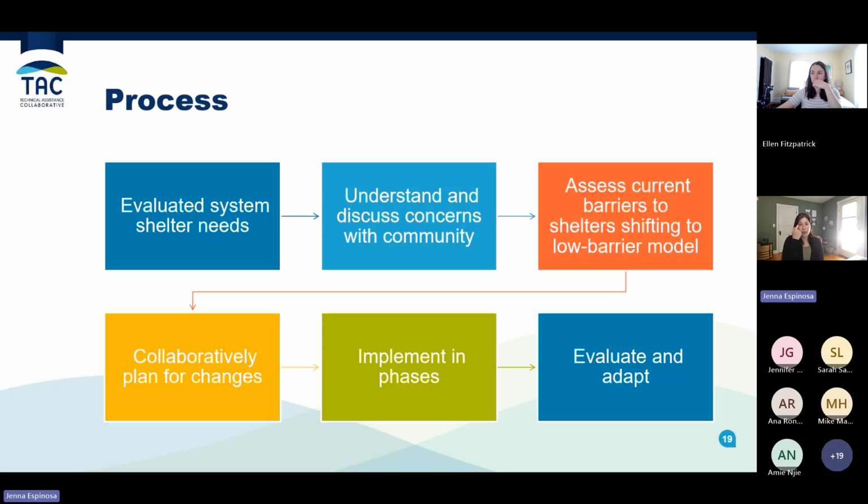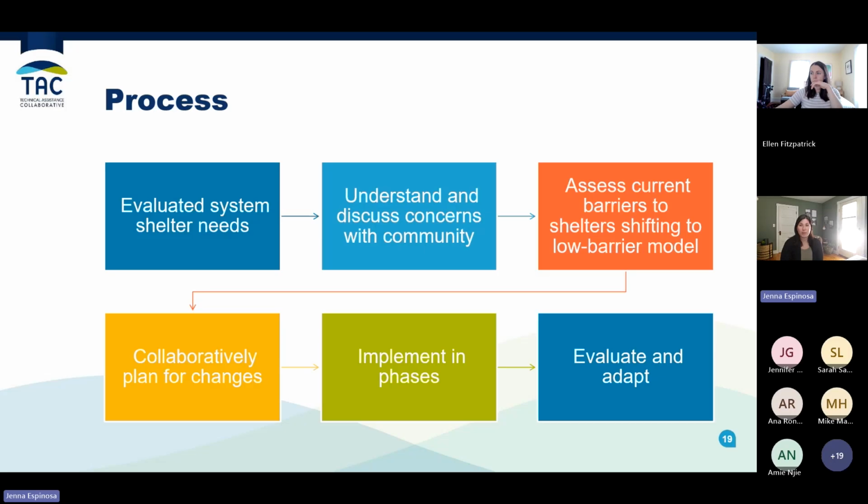So assessing your current low barrier model or lack thereof to see where changes could potentially be made, and then collaboratively planning for those changes. And when you get to implementation, it's really important to think about implementation in phases. Some shelters, when they get to assessing current barriers, might say, wow, we have a lot of changes we need to make in order to shift to a low barrier model.